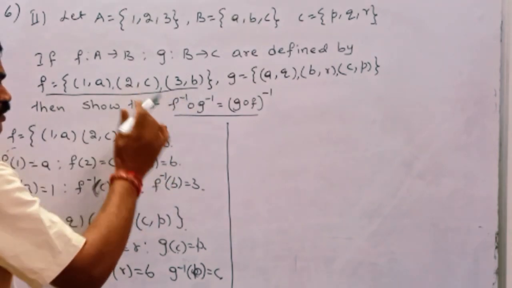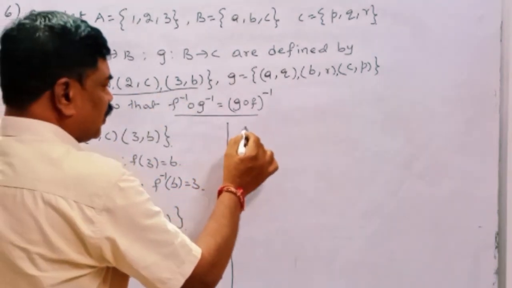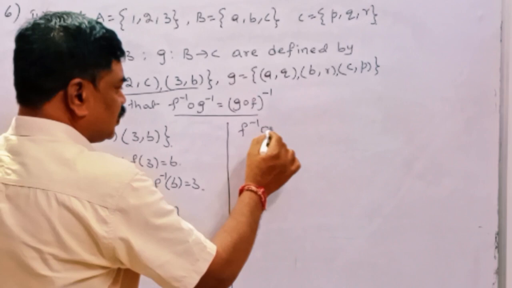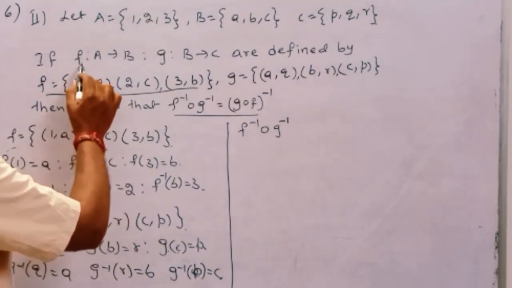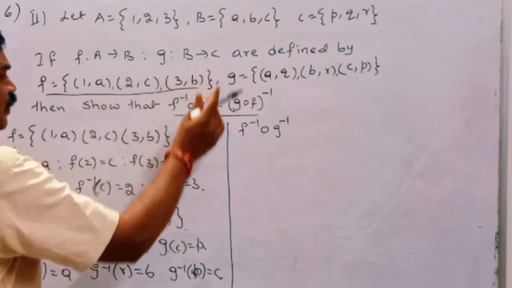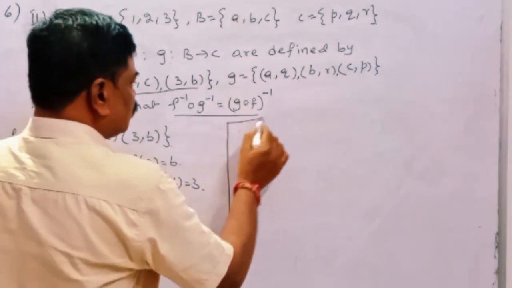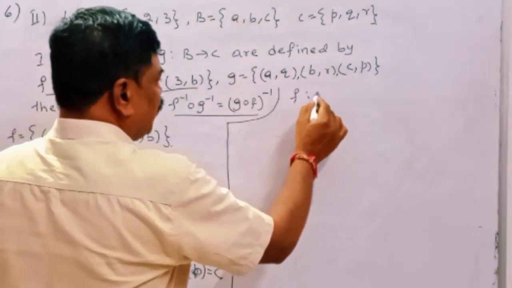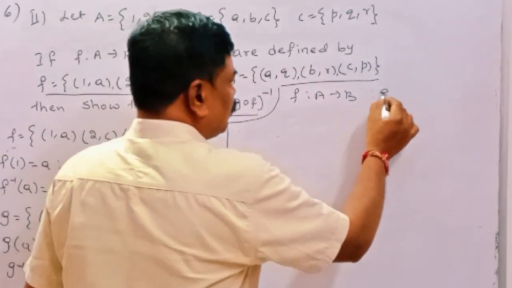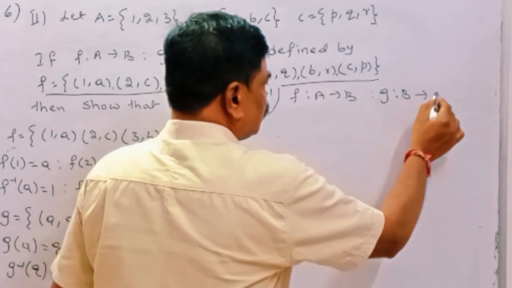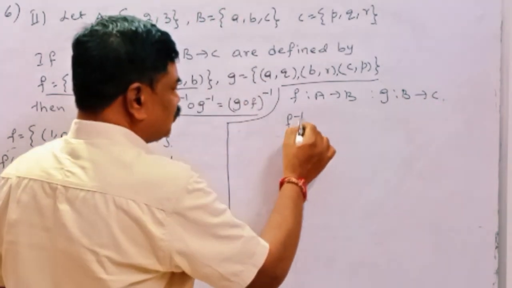First one. What is here? F inverse circle G inverse. Here F is from A to B, G is from B to C. So what is F inverse?